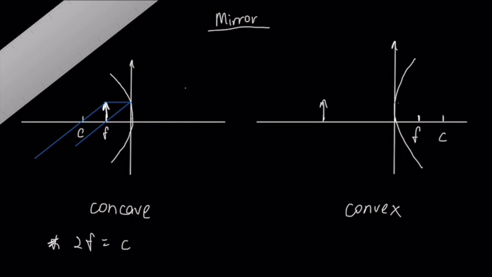Well, it doesn't form an image. That's your answer. It goes to infinity. The light just goes through. You can't see the image at all. So probably you could say this is the blind spot of the mirror, where you stand, you can't see yourself in the mirror anymore.